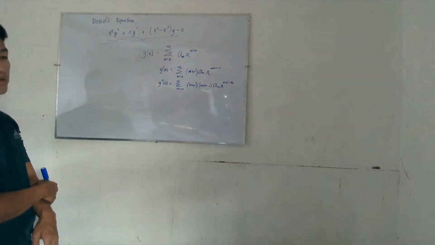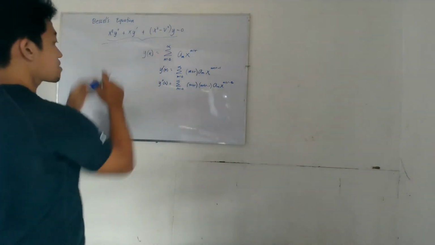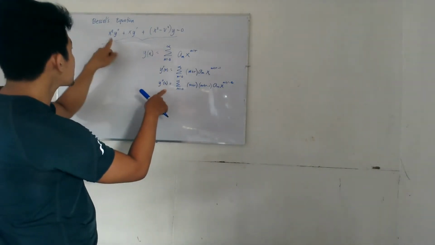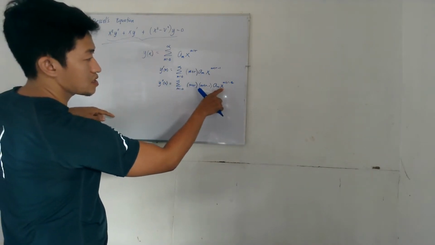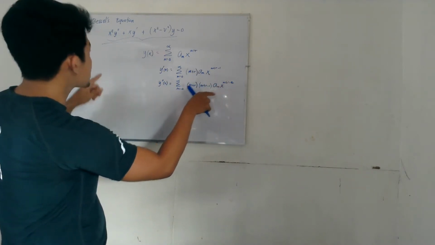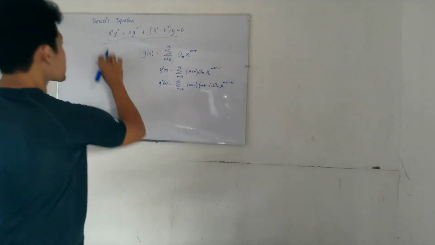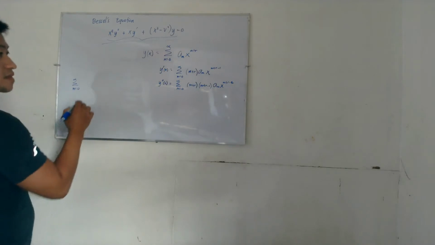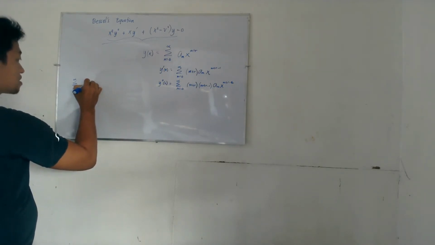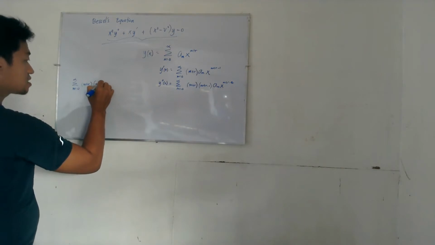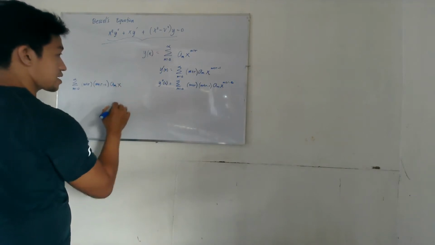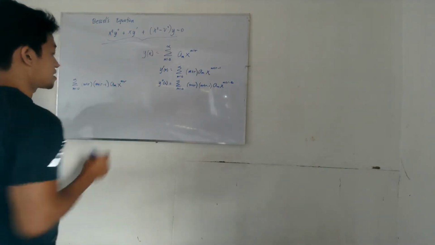Then plug these in. For y double prime times x squared, we multiply by x squared, so the x to the minus 2 cancels, and it becomes the summation from m equals 0 to infinity of (m plus r)(m plus r minus 1) a_m x to the m plus r.